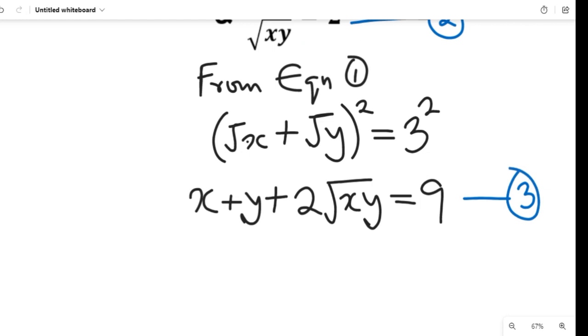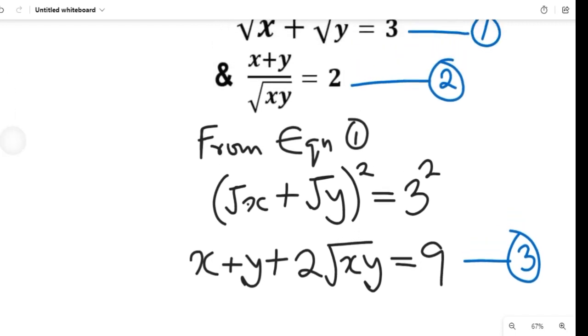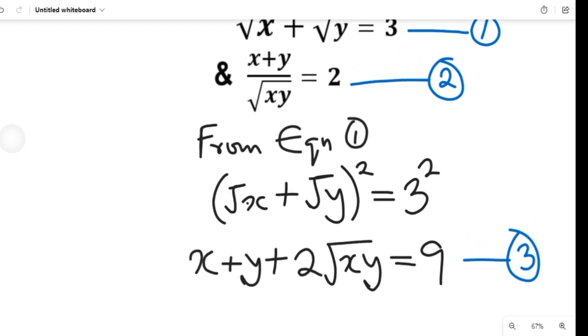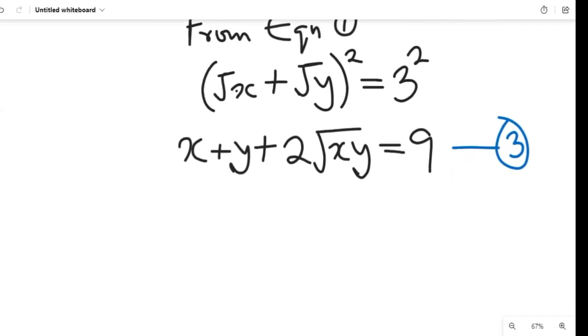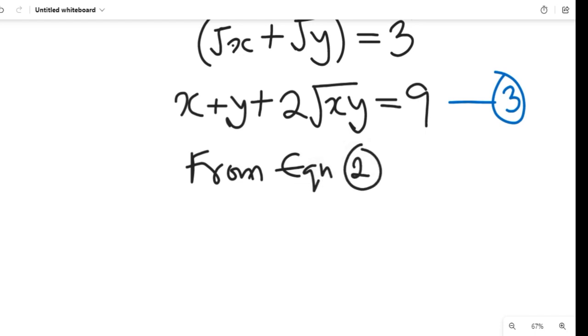Now the next thing we need to do is to also consider the next equation. From this equation 2, we have x plus y divided by the square root of the product of xy equal to 2. So we'll consider from equation 2, x plus y divided by the square root of xy equal to 2.